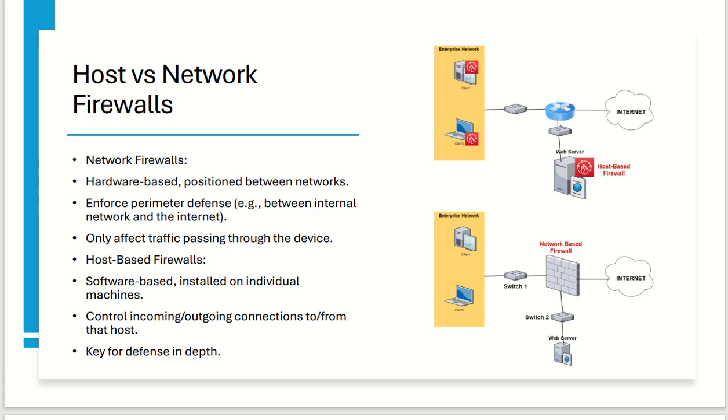Host-based firewalls, on the other hand, are software that is installed on the individual computers inside the network, and they control incoming and outgoing connections to and from the computer on which the host-based firewall is installed.